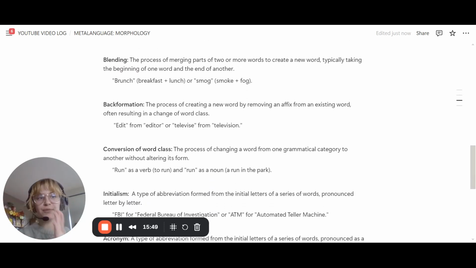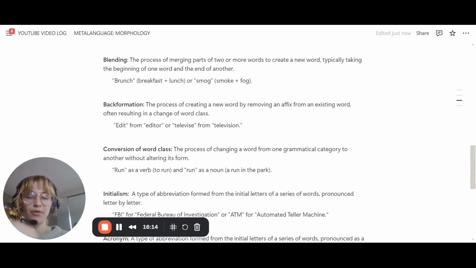Back formation. So this one is pretty rare. You don't really analyze it because unless you're given the etymological history of a word, you're not going to be able to say for sure that something's back formation rather than affixation. That's because back formation is the process of creating a new word by removing an affix instead of giving one.